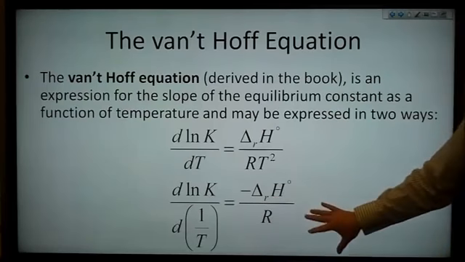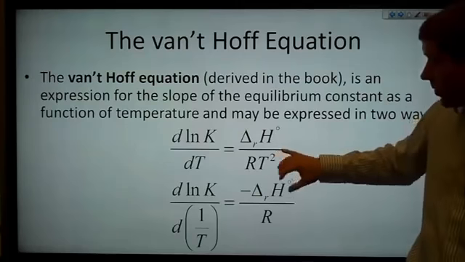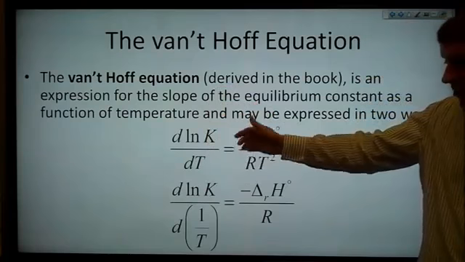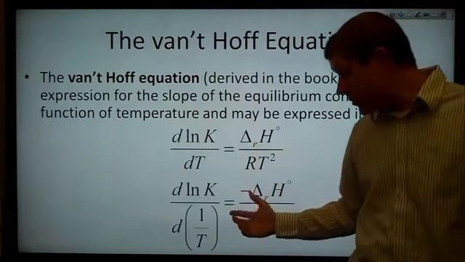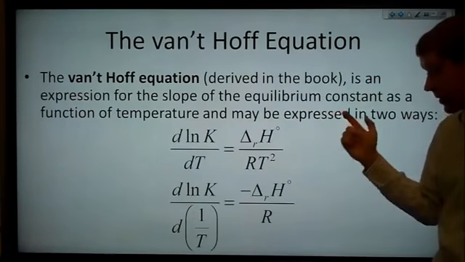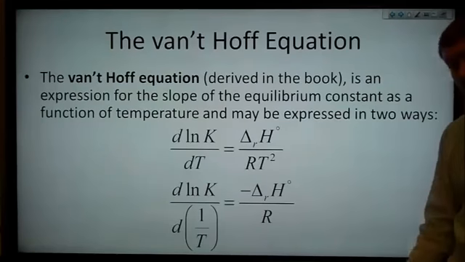Or we can show it this way: we can remove the temperature from the right side and get the change in the natural log of our equilibrium constant K with respect to 1 over temperature is equal to minus the standard enthalpy of reaction divided by R.